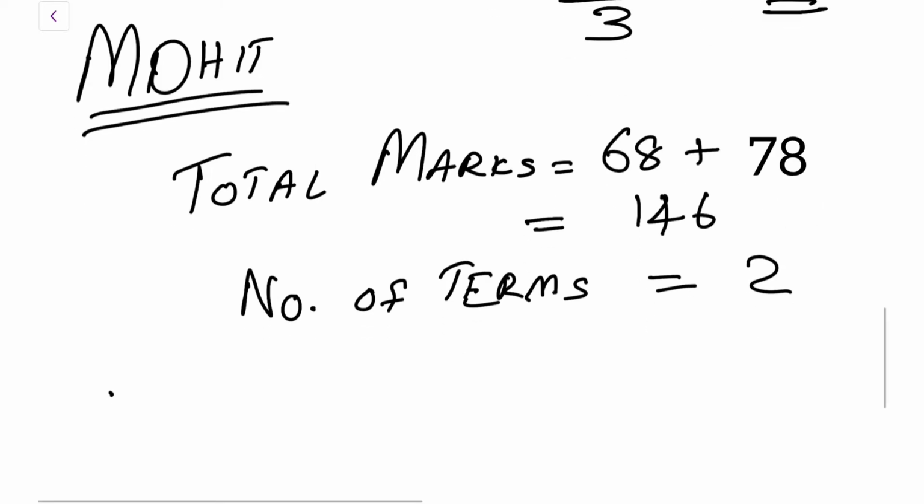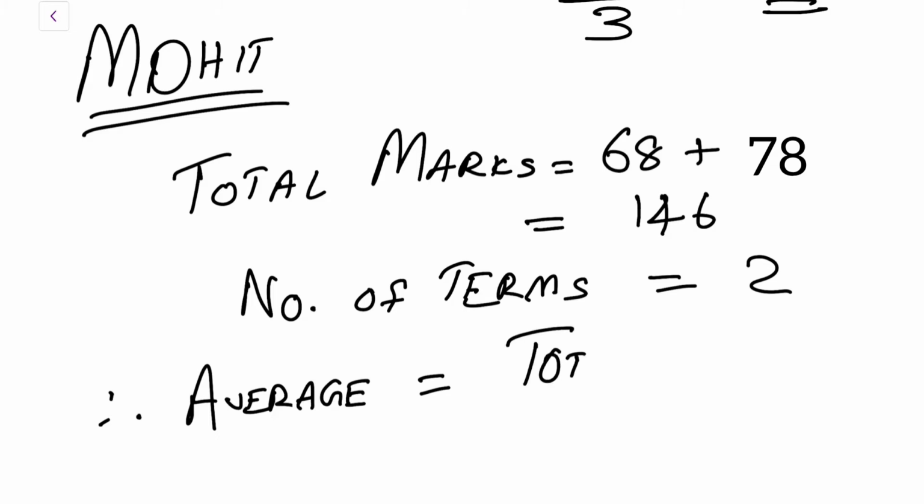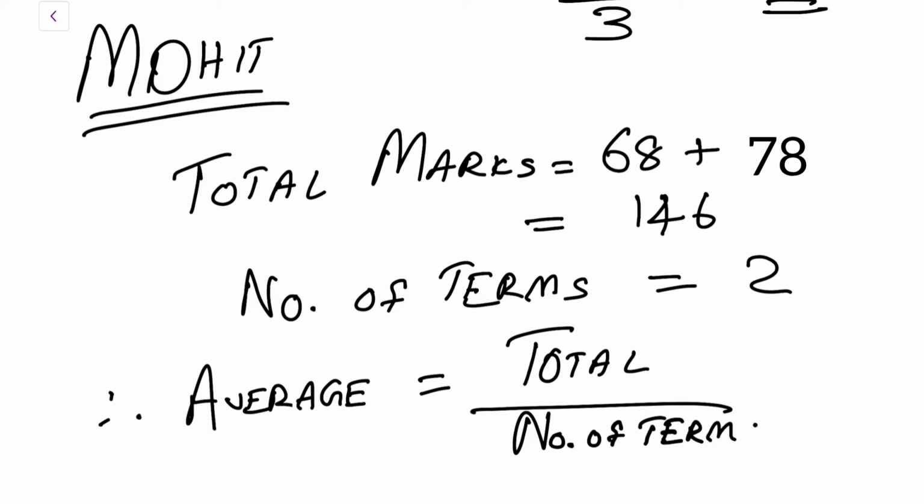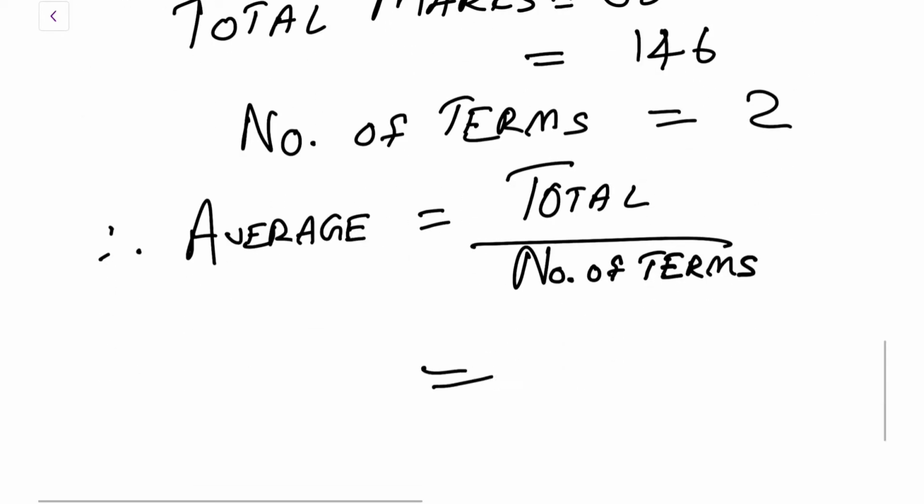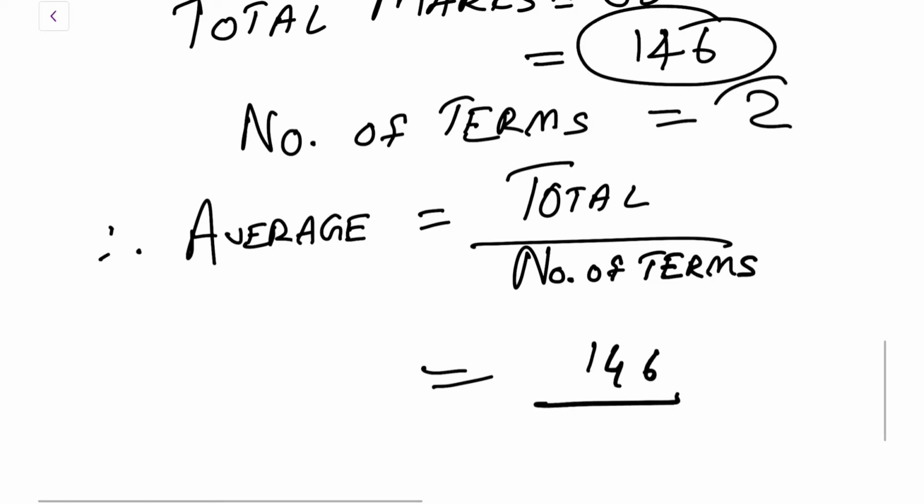Therefore, what is the average mark that Mohit scored? That will be total marks divided by number of terms. So total marks is 146 divided by 2 terms. That is 73.